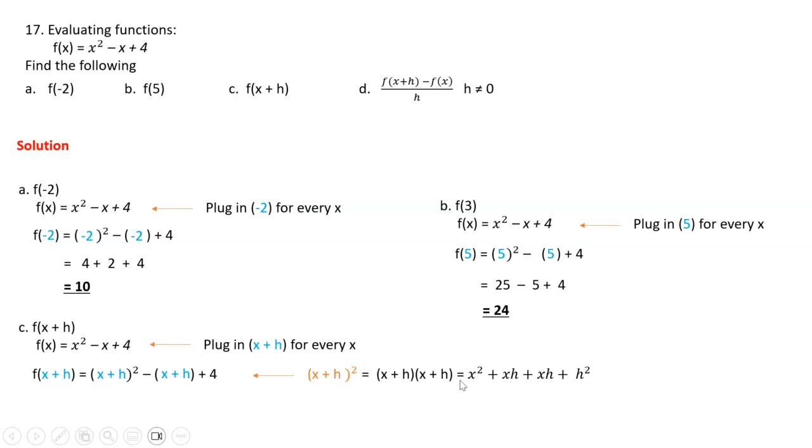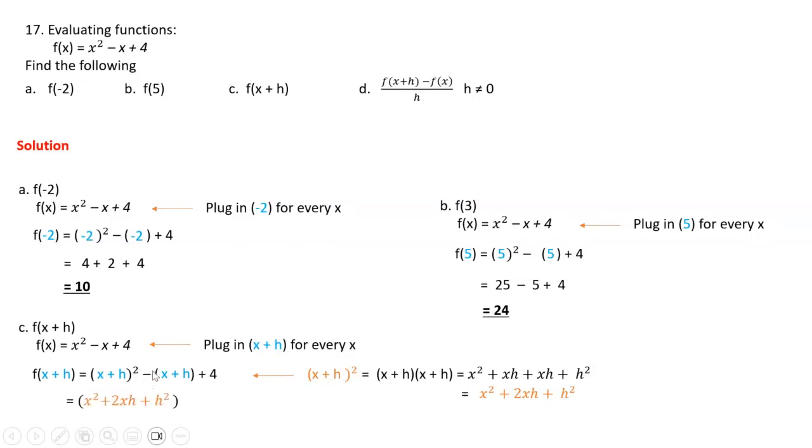This will give us x squared because x times x gives x squared. x times h will give us xh, and then h times x will give us xh, and h times h will give us h squared. This gives us x squared plus 2xh plus h squared. So this is going to replace the x plus h squared.